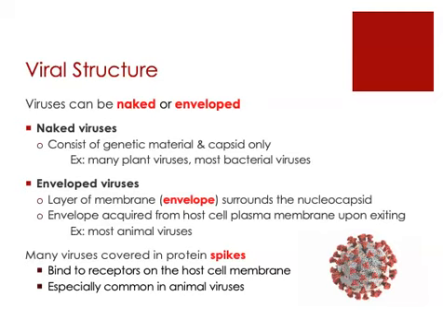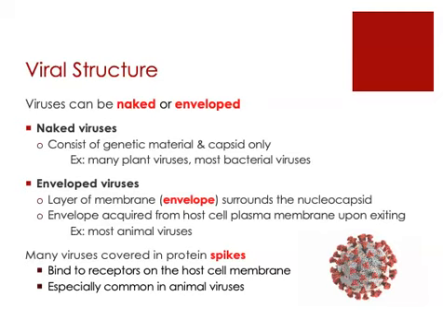Enveloped viruses are different. Enveloped viruses are a piece of genetic material surrounded by a capsid, and then surrounded by a layer of membrane, which is referred to as an envelope.